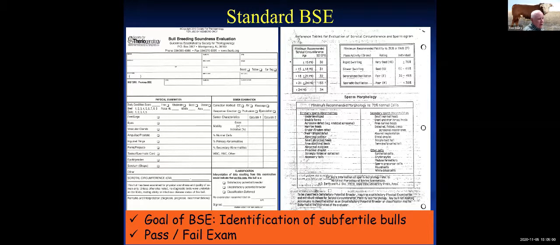One of them is that the goal of the breeding soundness exam is really to identify the subfertile bulls. It doesn't really help us in identifying more fertile bulls. It is also a pass-fail exam, and if we're going to make any improvement in herd fertility through selection, we're not going to make it with a pass-fail exam.